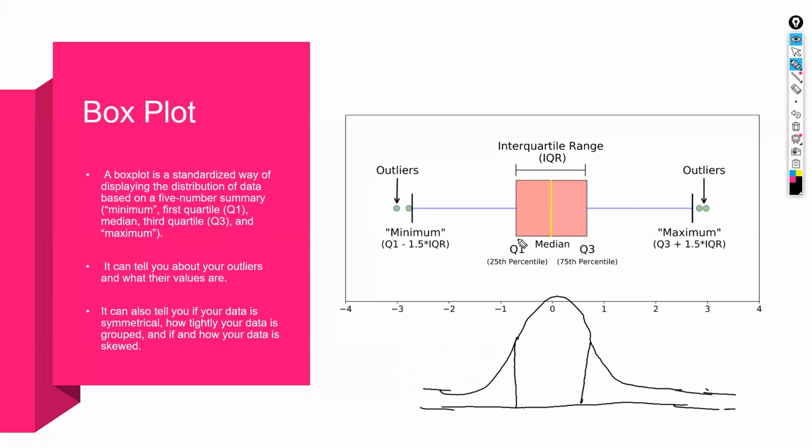So what is in here in between? These values. So the interquartile range is this. If you compare the normal distribution curve with the box plot, the probability density function for a normal distribution can be compared in both of them.